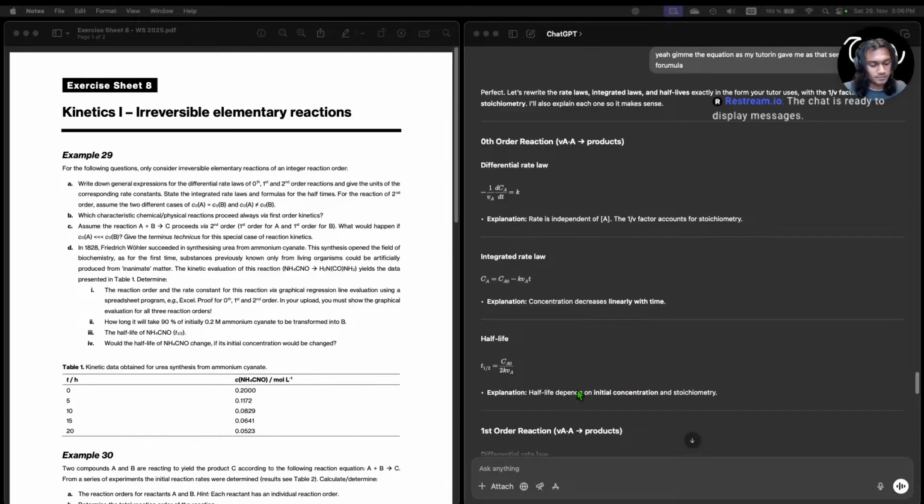Integrated rate law. Concentration of A equals concentration of A0 plus now minus kt.